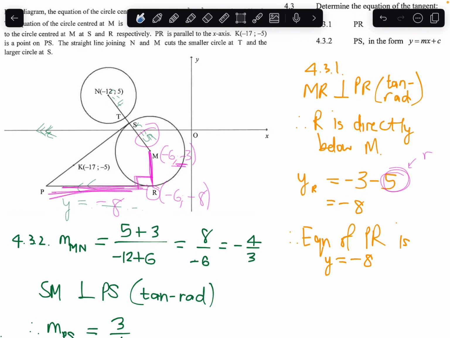Oh, they actually did such a clever thing in the memo. To figure out the coordinates of S, they recognized that S is the midpoint of NM, because this is 5 units. We calculated that the radius is 4 and the little piece over here is 1. And then this is 5 units.